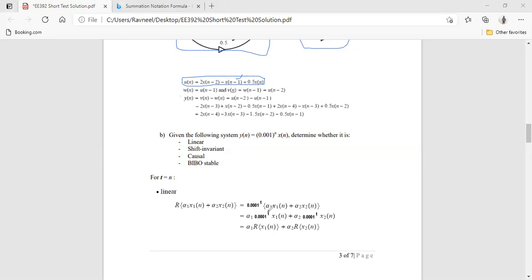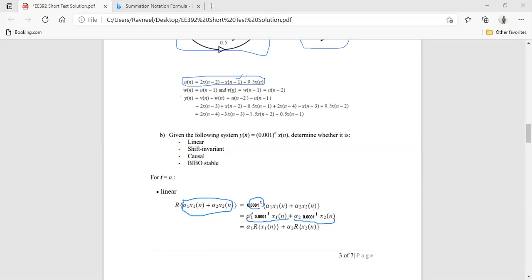We consider that and we expand it. We rewrite the whole function in terms of that. In place of x of n, we directly substitute this term. This is just a test for homogeneity and additivity. Once we substitute, we can see that the outer constant can be multiplied into this, so expanding gives this part and this part.